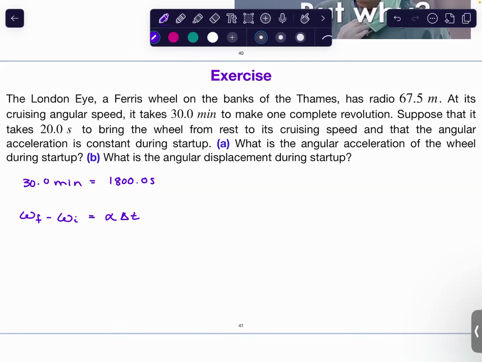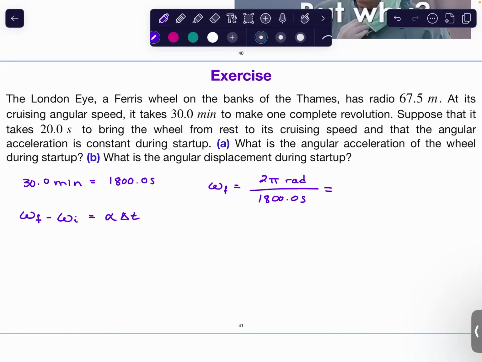So I need an angular speed, I need the angular speed at its cruising speed. How do I get that? So one revolution is how many radians? It takes 1800 seconds to make that revolution.